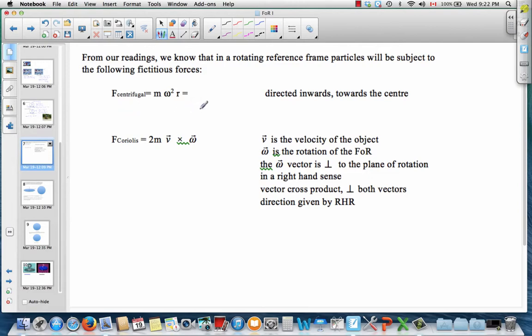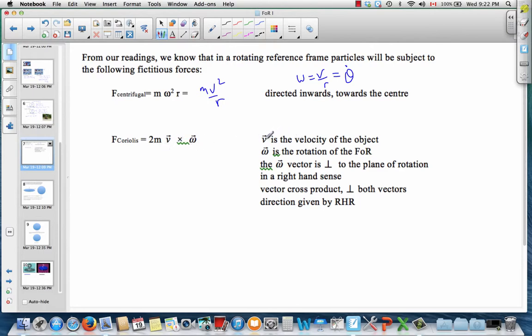Now, we're going to be interested in rotating reference frames. And we've been talking about this centrifugal force, which we can write, of course, as mv squared over r. It can also be written as m omega squared r, because omega is v over r, the rate of change of theta. There's another one, though, that's called the Coriolis effect. And it's given by a vector cross product.